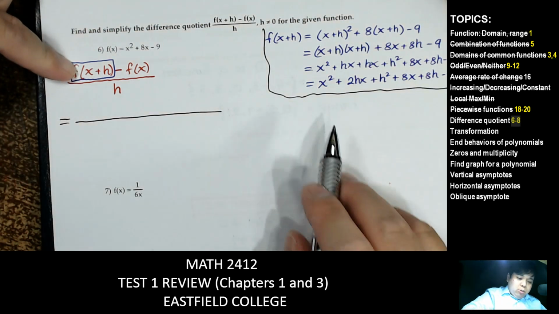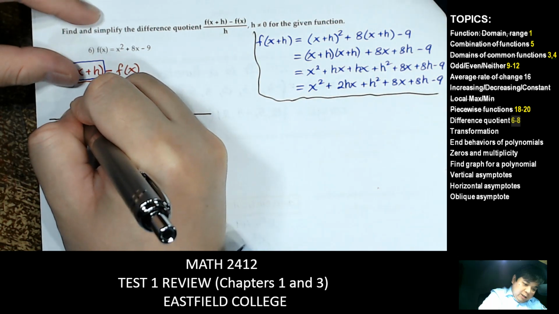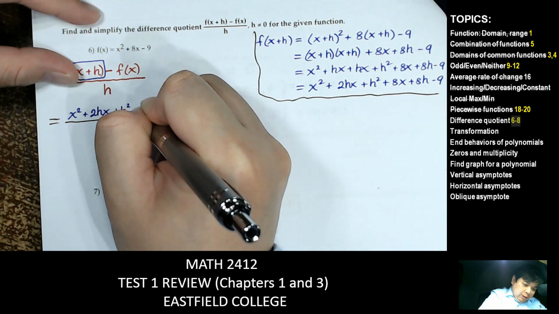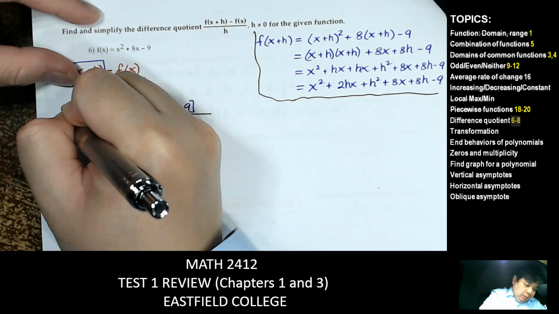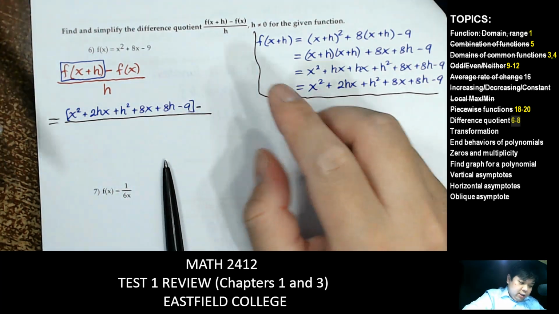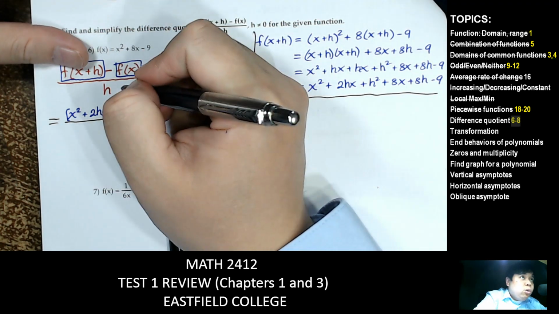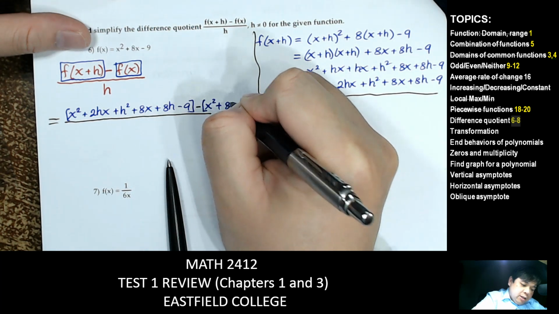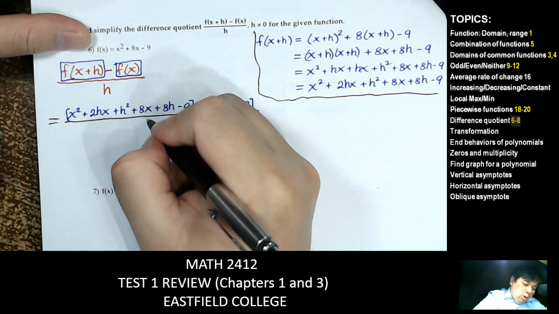Now that is going to be this long function. And then subtract f of x. This is the original function, so it is just x squared plus ax minus 9, over h.